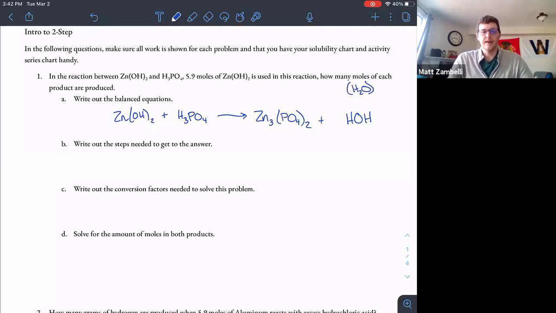All right. So now we have our formulas. Now we've got to balance our equation. So let's balance this equation.